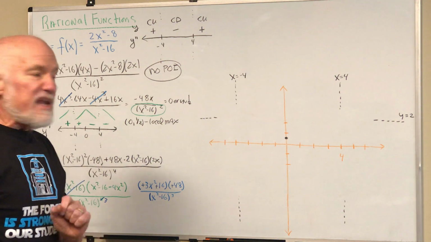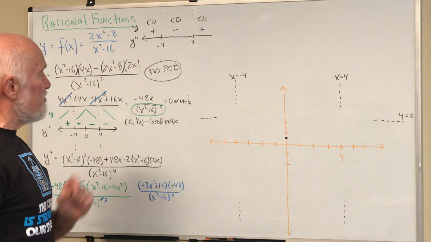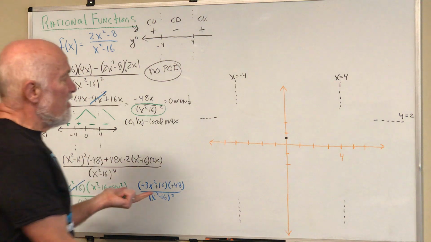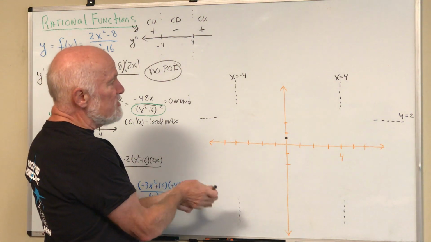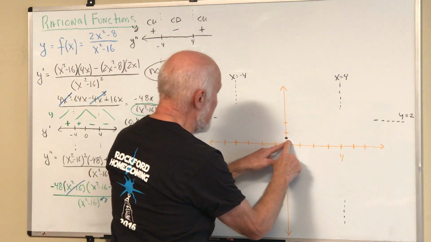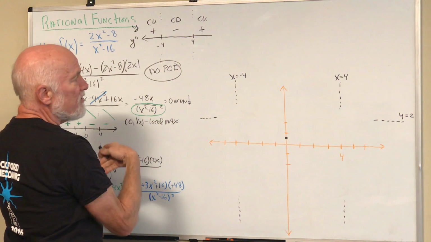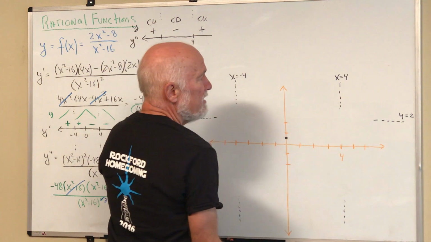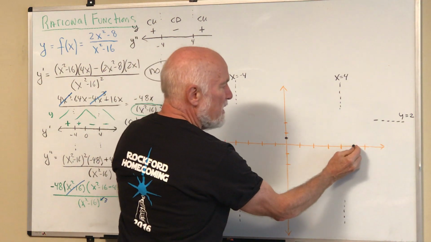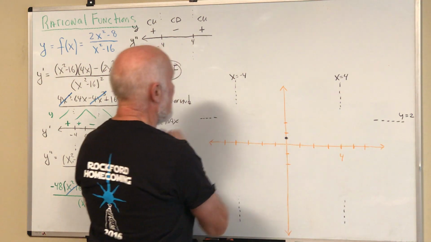And we're almost ready to sketch our graph, but we still need a point to work from in each section. We've already got a point here, so what would be a good point to the left of -4 and to the right of 4? I'm going to pick 5 and -5.